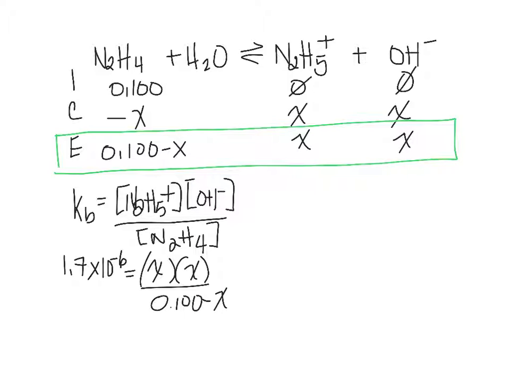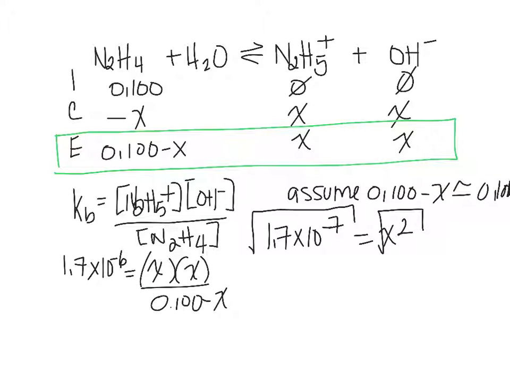Now you're going to solve for X. Your Kb is pretty small, so you can solve with the quadratic equation, or assume 0.1 minus X is approximately 0.1. 10 to the negative 6.